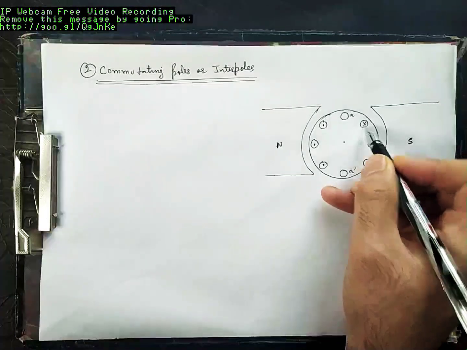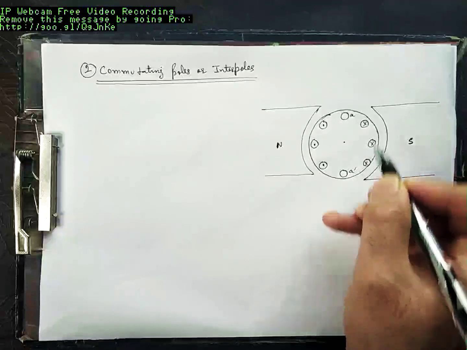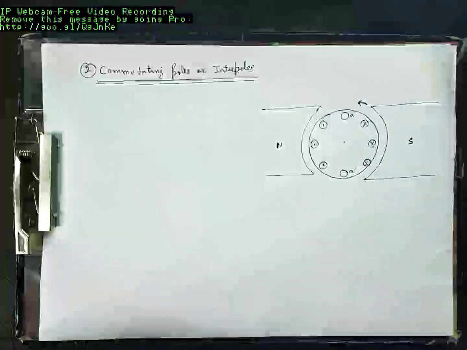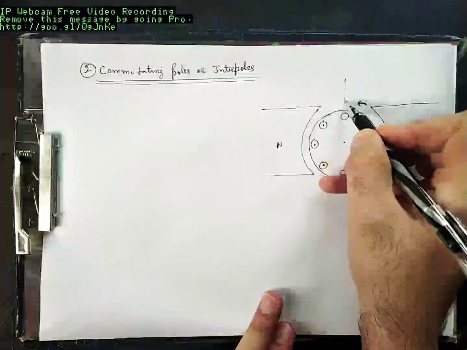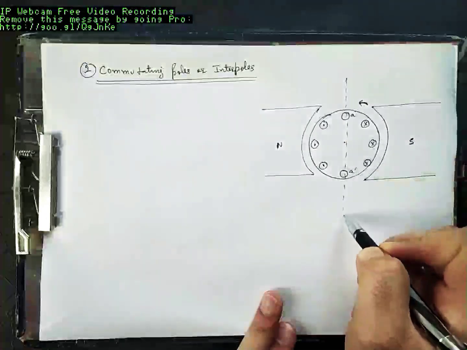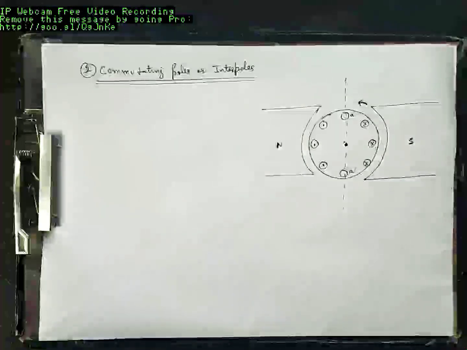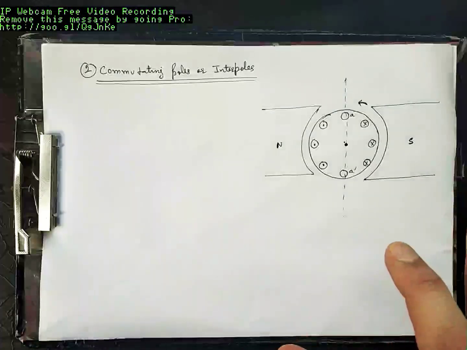There will be a cross under the south pole for anti-clockwise rotation. This is for the magnetic neutral plane. When the current flows through the armature, the shift of the magnetic neutral plane that we have already discussed occurs.